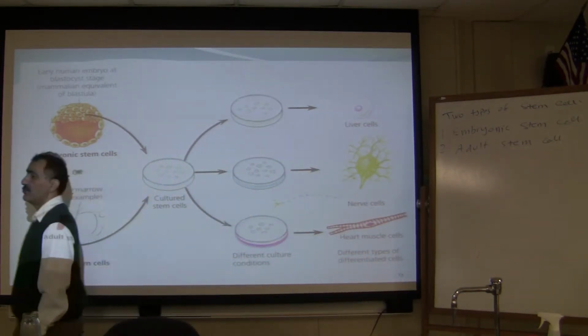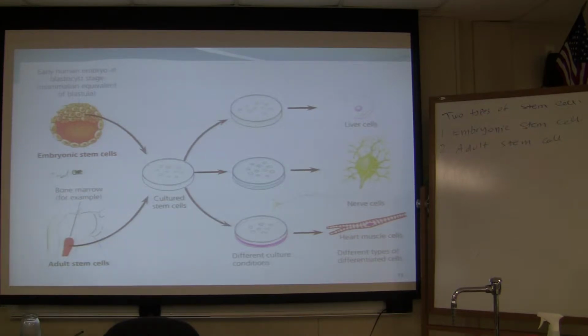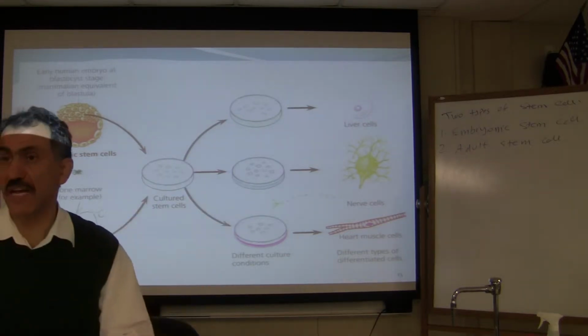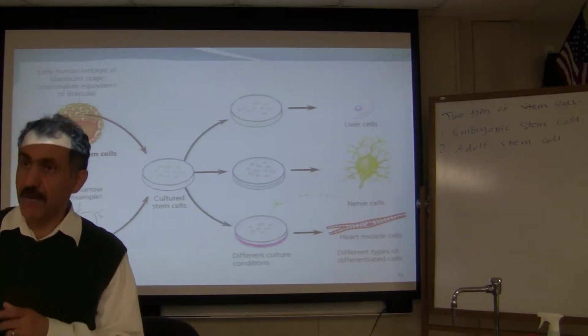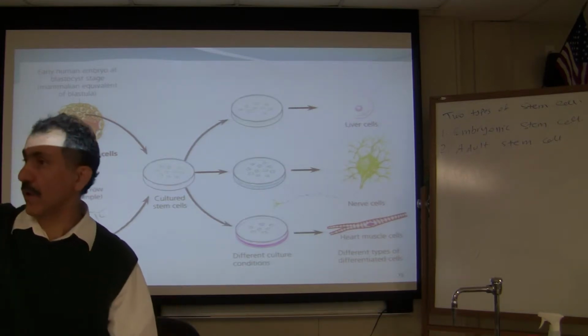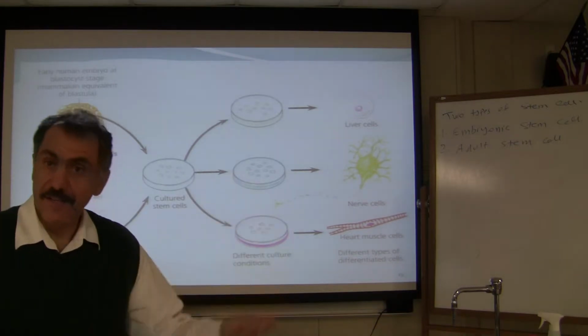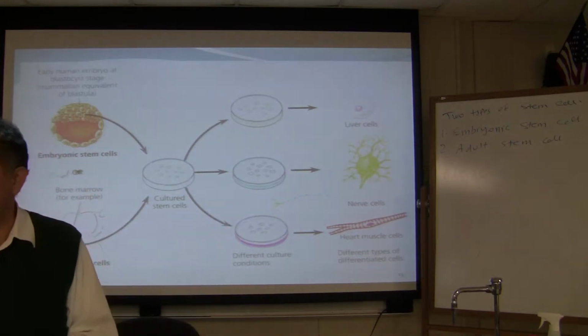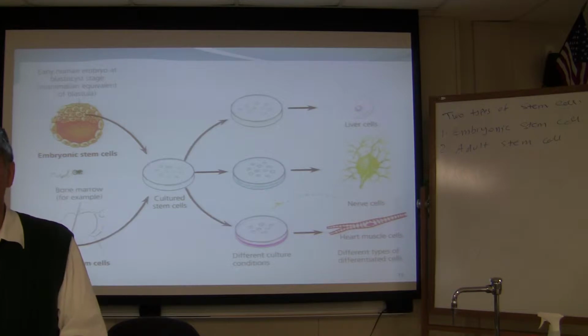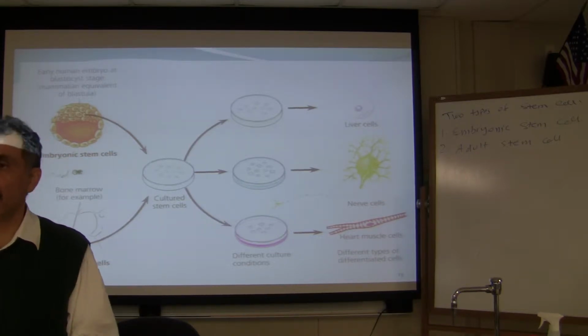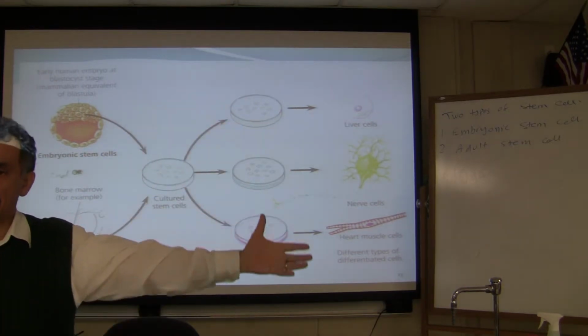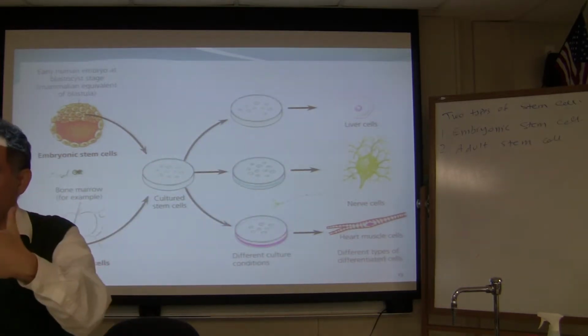Embryonic stem cell, during President Bush, was banned. You were not allowed to do that. What happens in fertility clinics, something she asked earlier: the parents who cannot conceive, they take the sperm of the husband and the egg of the wife and combine them together.